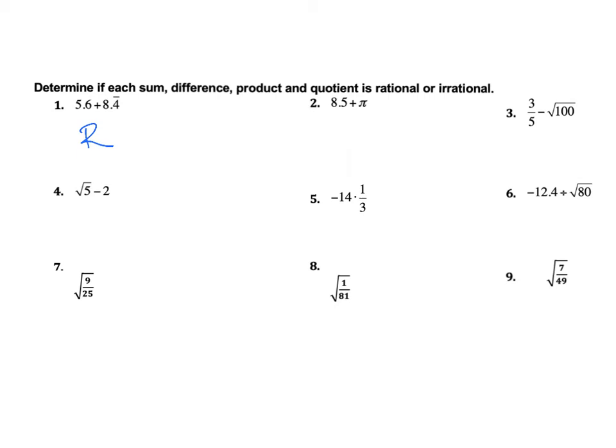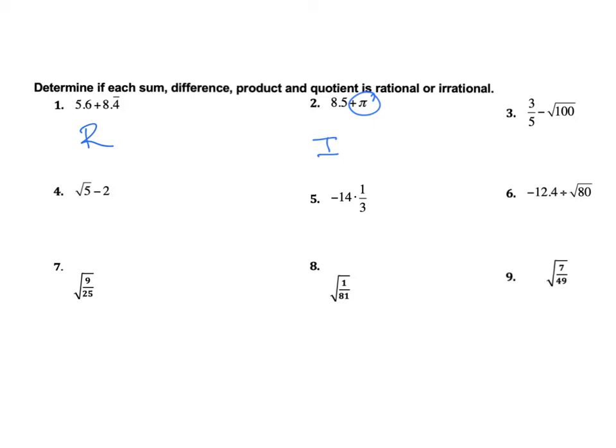All right, number 2, we have 8.5 plus pi. 8.5 is rational because it's a terminating decimal. But remember, pi is irrational. So the entire sum is going to become irrational. All right, number 3.